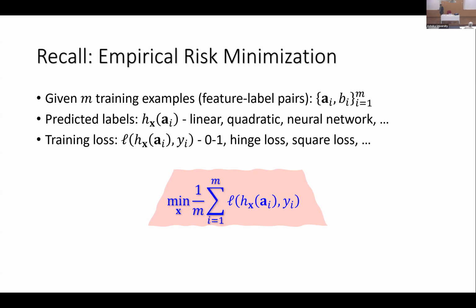And the training loss can be any kind of loss. So the ERM framework is that we minimize 1 over m, summation from 1 to m. This is the empirical part, the summation, the averaging, and then the loss, which measures the loss between h_x of a_i, which is the predicted label, and the actual label y_i.